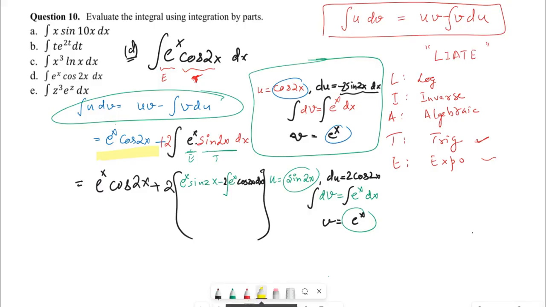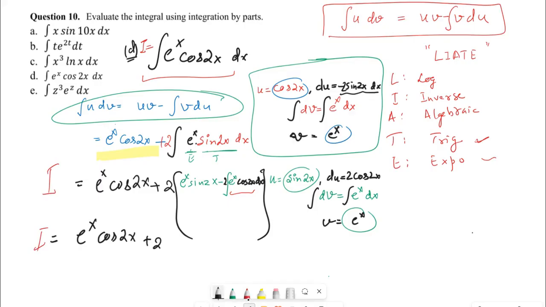If you guys notice, I started from e^x cosine 2x, right? That is, now I'm back here. So this is like a circle. I'm coming back to the problem. So what I'm going to do is start with naming the initial function I. So I is equal to e^x cosine 2x plus 2e^x sine 2x minus 2 times 2, 4.